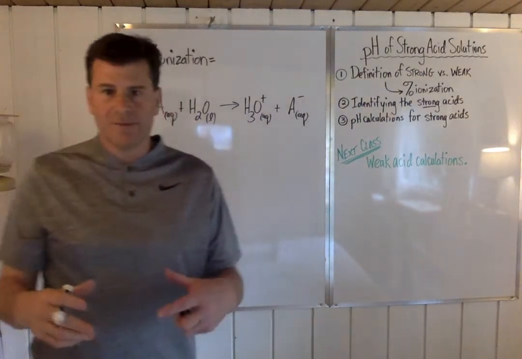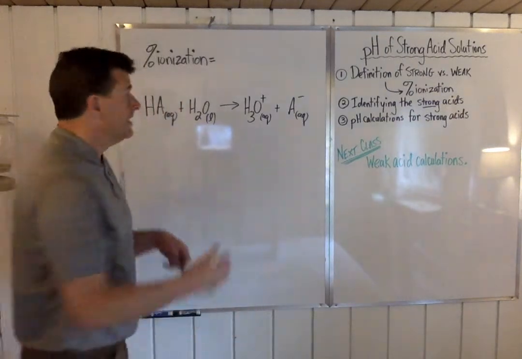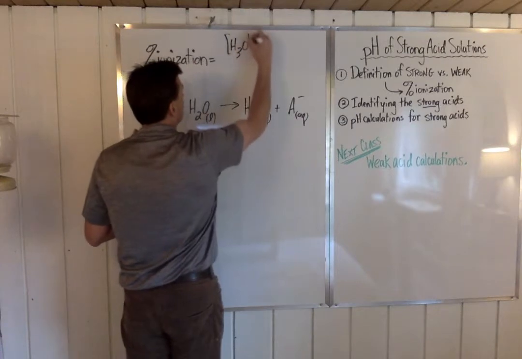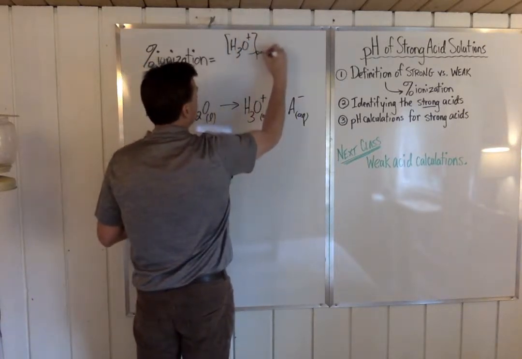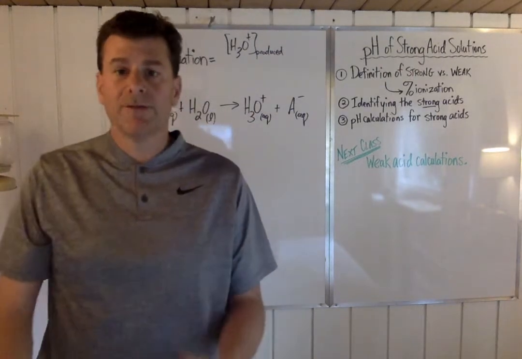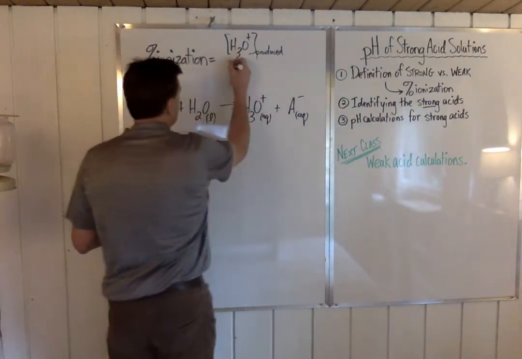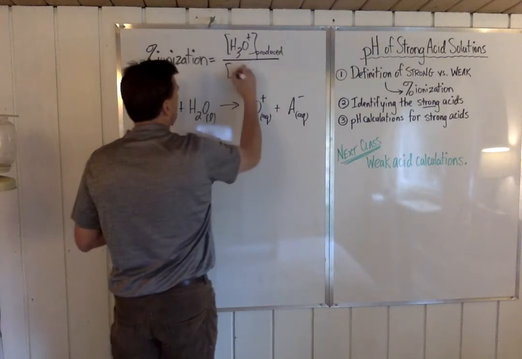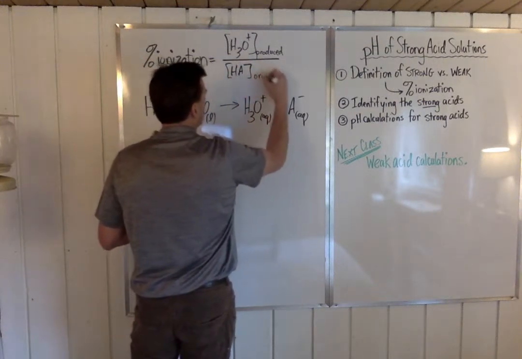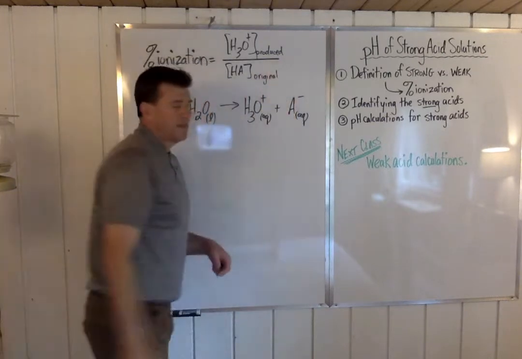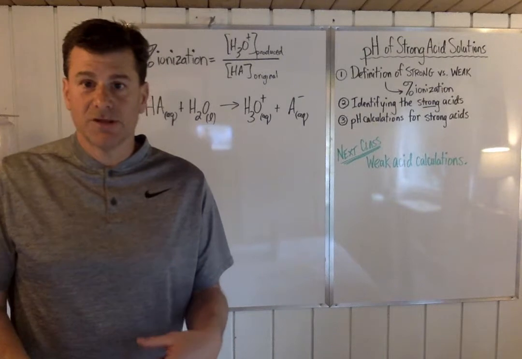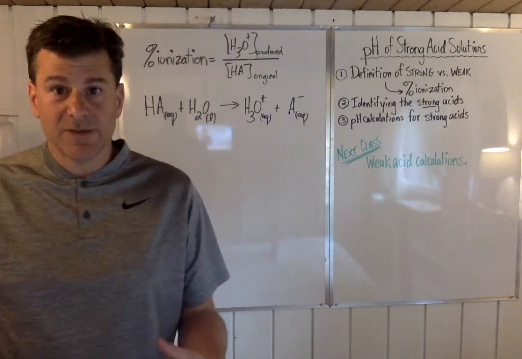And so the mathematical formula shows that. It is how many of those things were produced. So how many hydronium ions get produced when compared to the original acid concentration that you threw in. Now, it doesn't necessarily have to be in concentration.